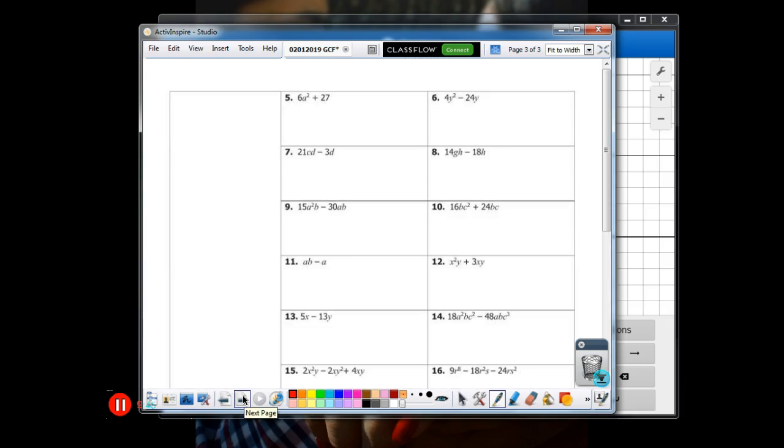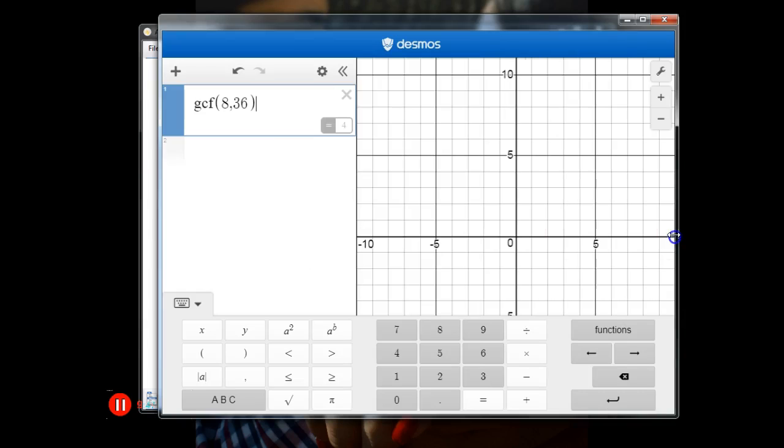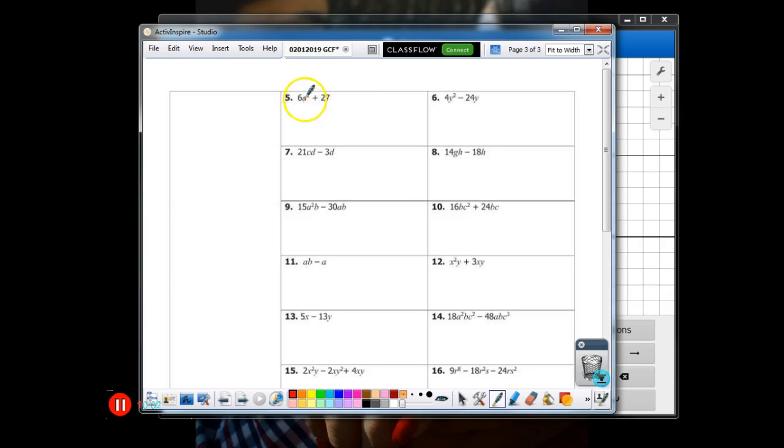Alright, so let's go to the back. Number 5, 6a squared and 27. So I'm going to put 6 and 27, and so my common factor is 3. So I'm going to divide, and this one has an a squared, but there's no a here, so I can't take anything out but a 3.